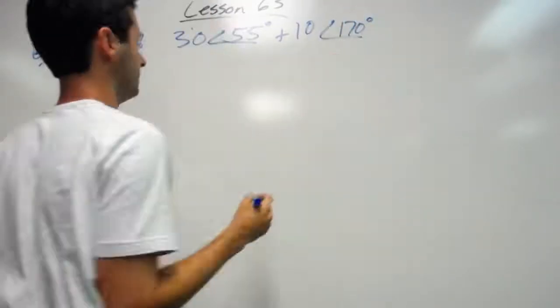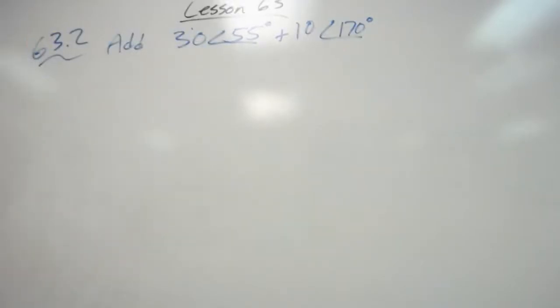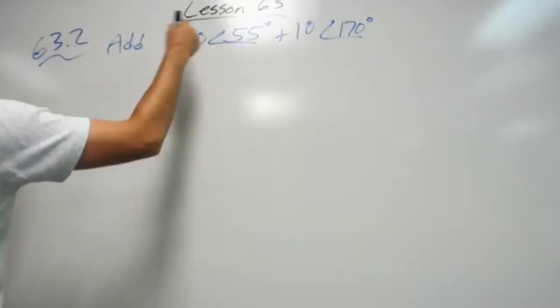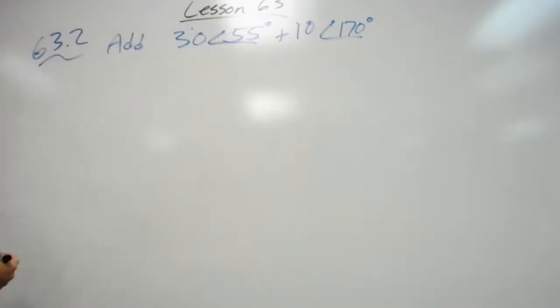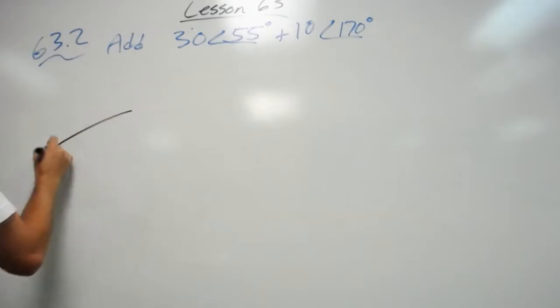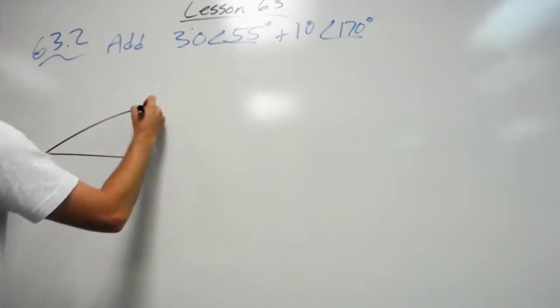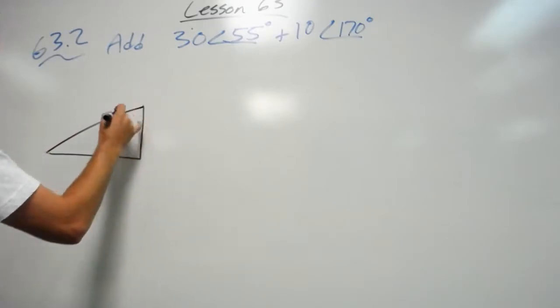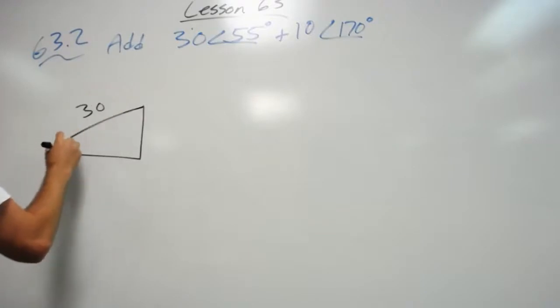I'm going to use the other marker because this one's kind of dying. Create our triangles. 55 is between 0 and 90. So I'm going to shortcut this one since we know it's in the first quadrant and put 30 and 55.